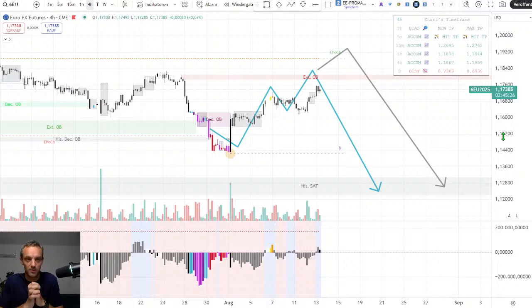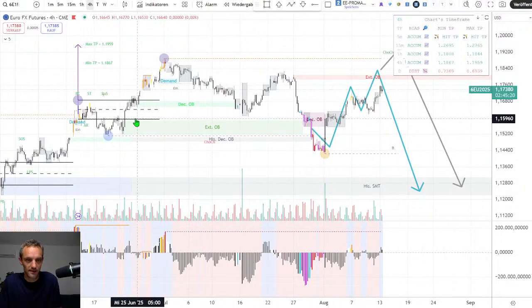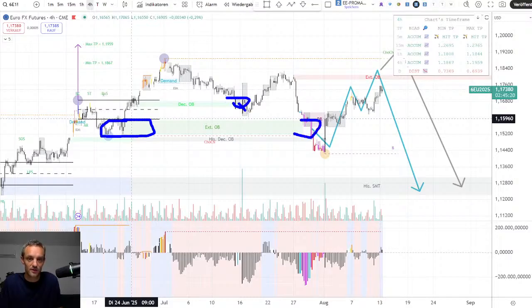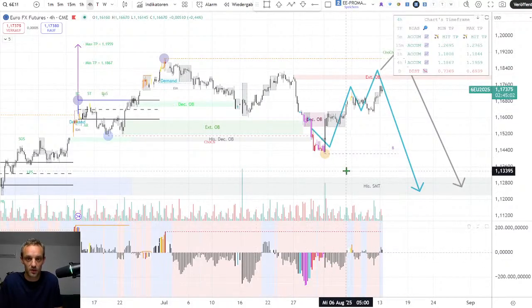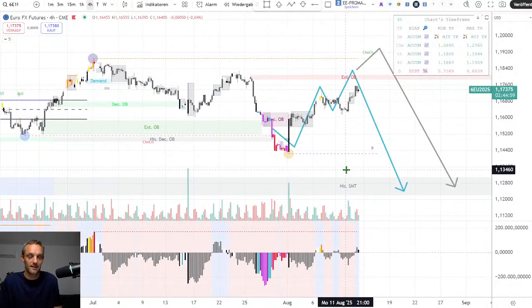Because from my point of view, order blocks are just levels where, of course, institutional people position themselves, but you see they can easily be taken out. So I don't execute purely on order blocks. I execute mostly on price action, combined with volume ventures and the bigger market hypothesis.